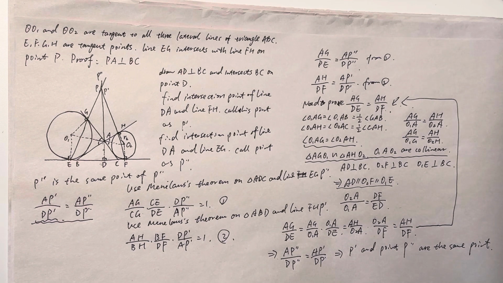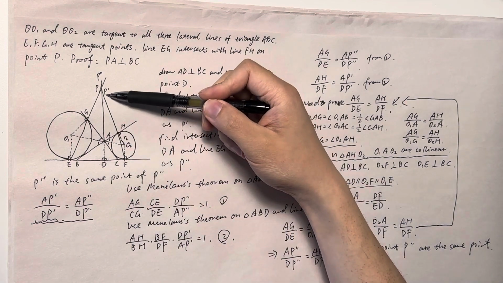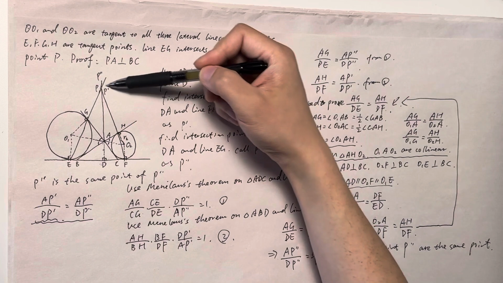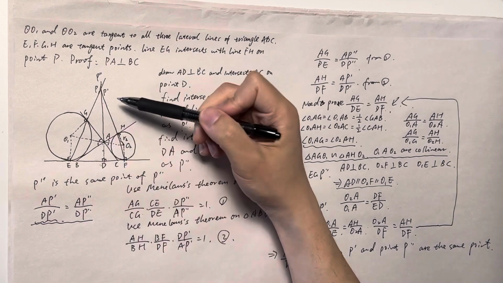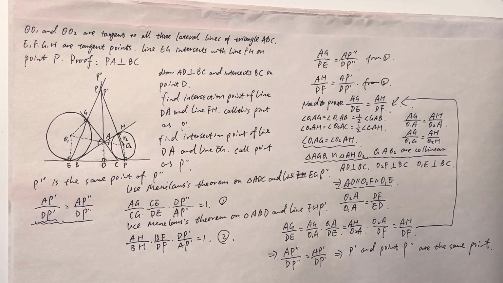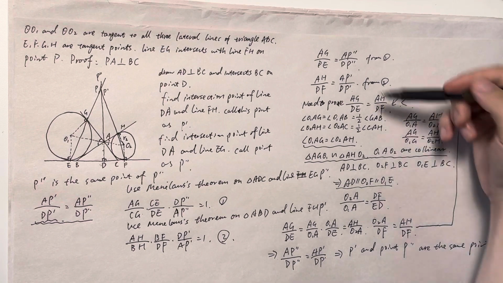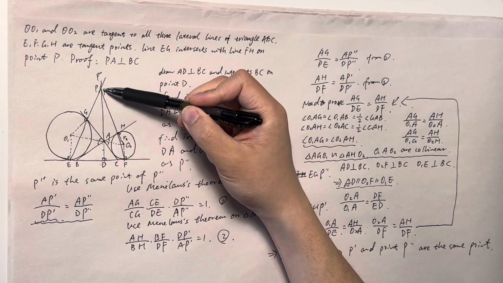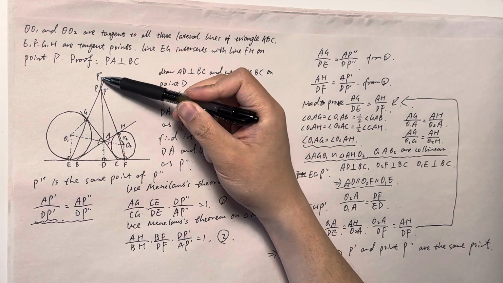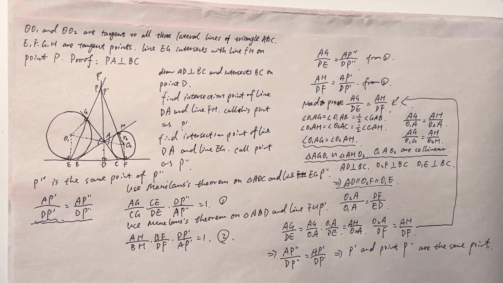So we can use the method of proof by contradiction, set P prime first, set the right part first and find some relationships, then find the left part relationships, and then find a way to connect them together. Here the way is AP prime to DP prime and AP double prime to DP double prime. Once we find that, we can eventually get the proof we want.